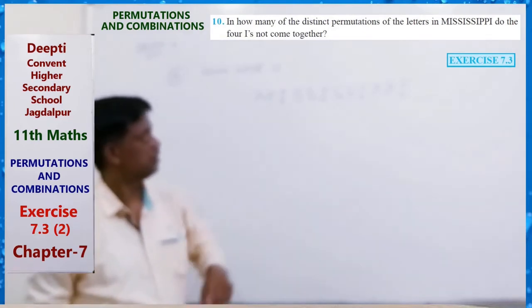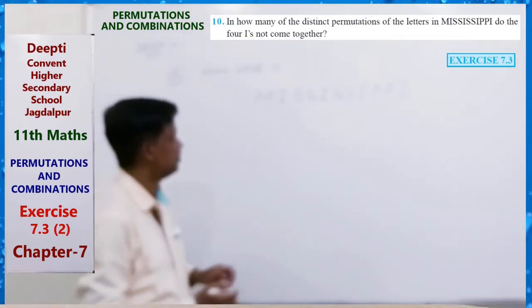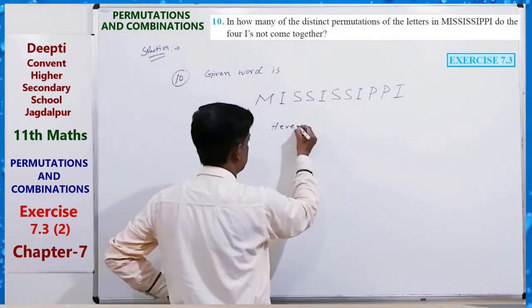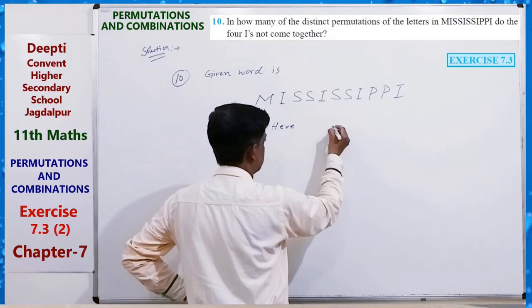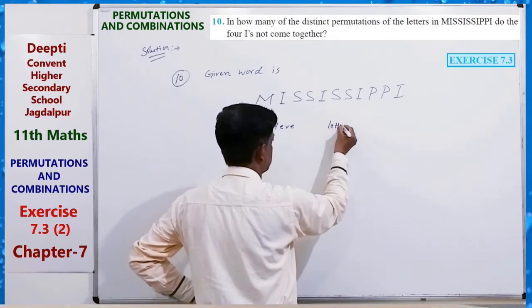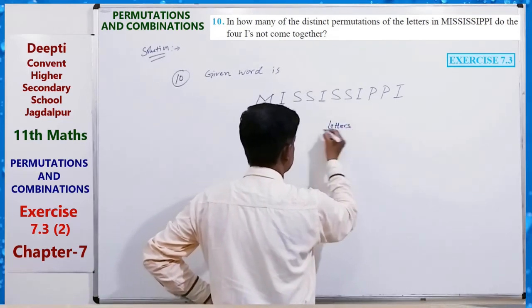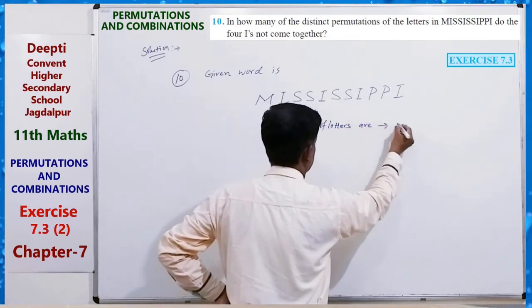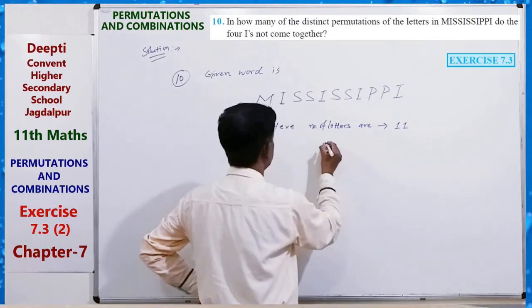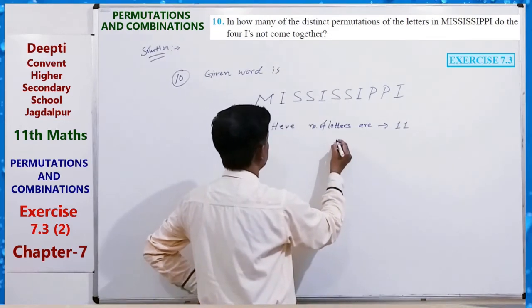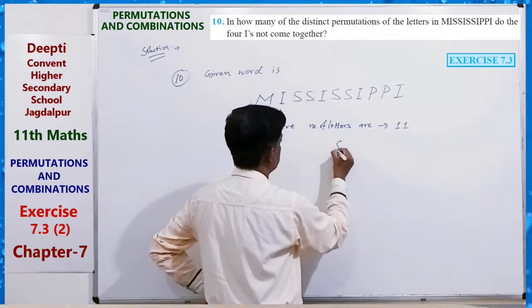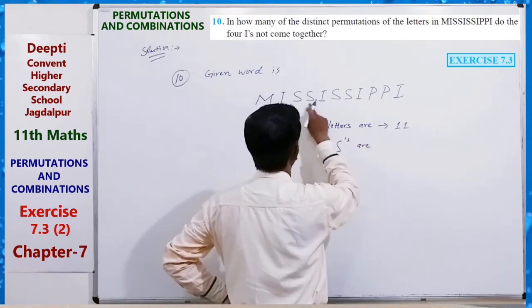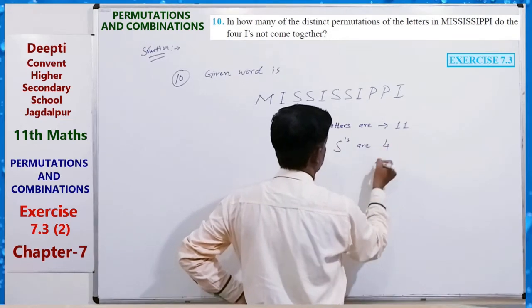Some are common. The number of letters is 11.